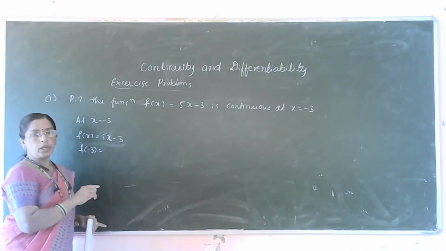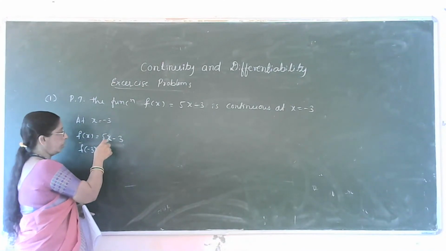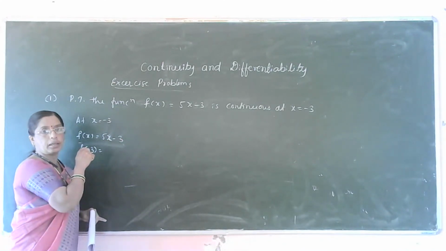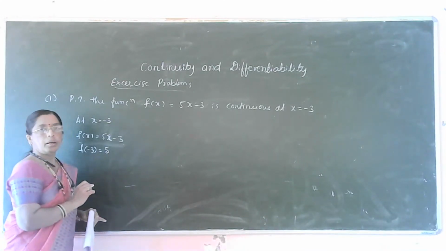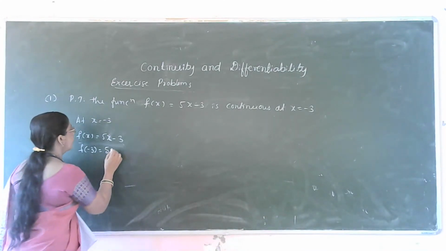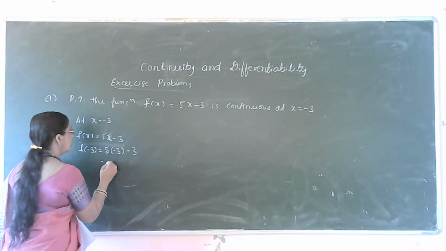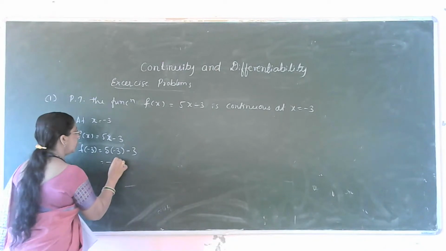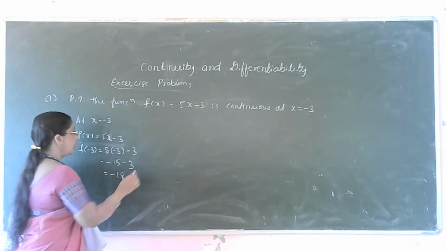We replace x by minus 3, or substitute the value of x. 5 times minus 3 is minus 15, minus 3 which is equal to minus 18.